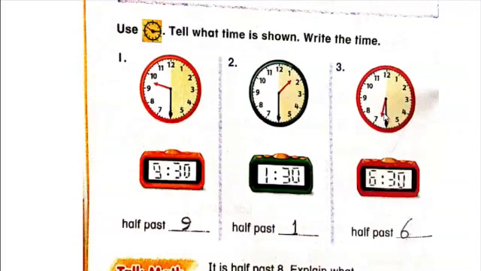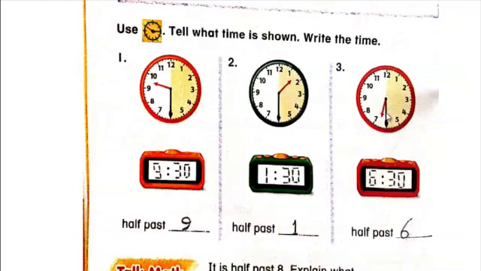The hour here were past 6. So you will write here 6. And here, when the minute hand is pointing to 6, so we know minutes are going to be 30 as half past. Okay, so here, right side, you will write 30 minutes.